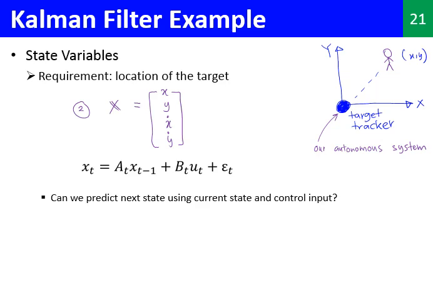Well, if we assume that the target moves with constant velocity within the time step, then we have a good chance of tracking it, right? So we are not saying that it should move at constant velocity all the time, but within the time step. Okay. So with that assumption, we can predict the next state from the current state, and therefore our state is complete, right?